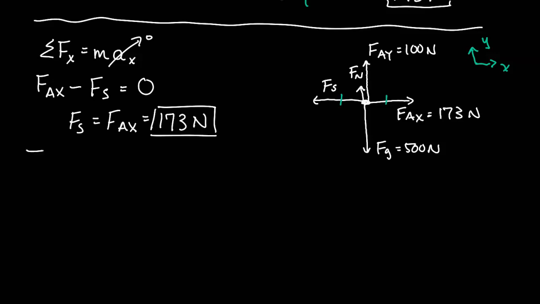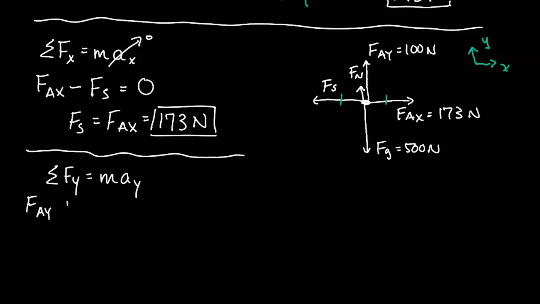Next, let's take a look at the net force in the y direction. We're going to start with all the forces in the positive direction, Fay plus Fn, minus all the forces in the negative y direction, which is Fg. Once again, because there's no acceleration, it's not moving, the right-hand side of the equation is going to be 0.